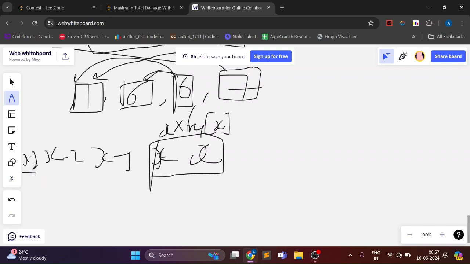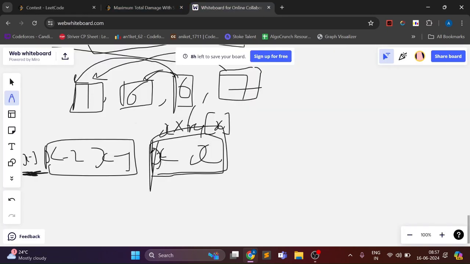So these continuous elements can be maintained by a multiset. This can be ignored, and I am at this position. So this type of DP transition would work.